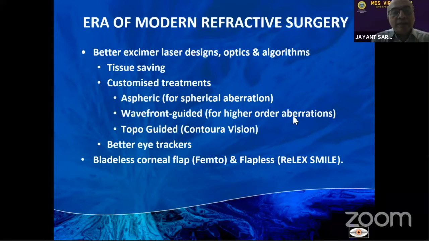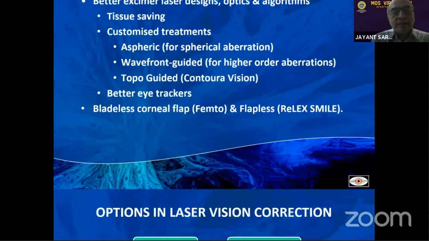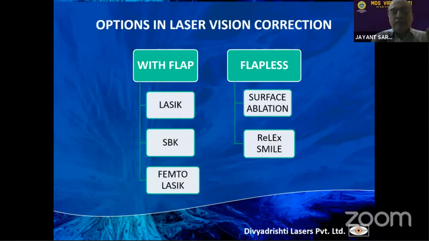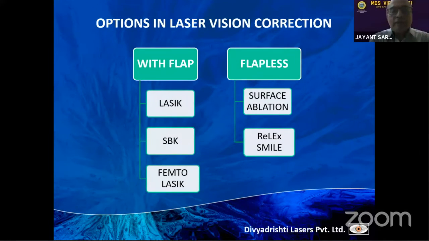Better eye trackers are available. Femtosecond flaps give you a better flap quality, and then comes the procedure. So I am removing surface ablation from the flapless group, because at present I am restricting myself to comparing our SBK platforms against the flapless platforms.